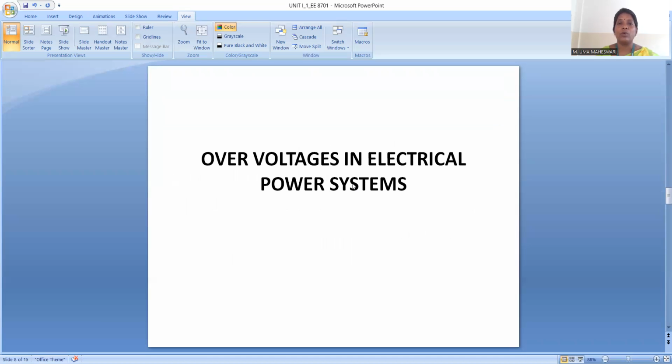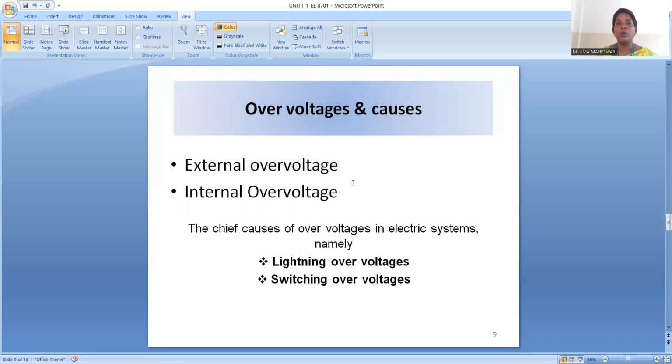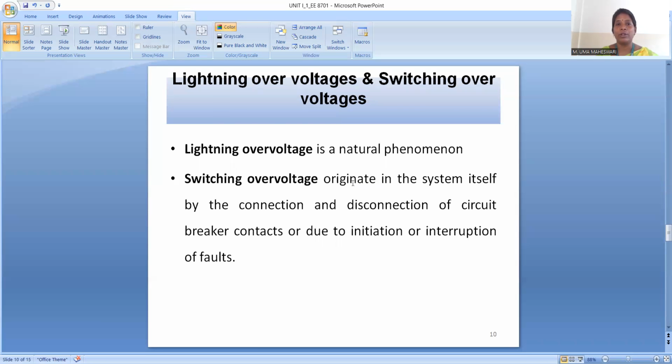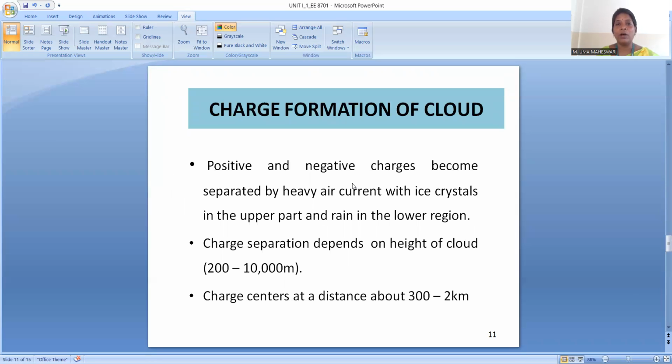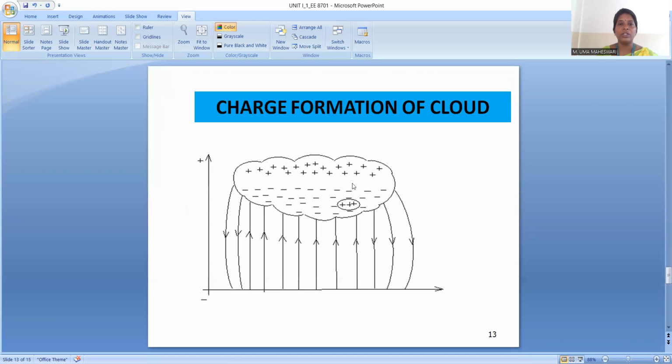So we have gone through what the over voltage in an electrical power system is and how to overcome it. Now we'll see how charge formation takes place in the cloud and the mechanism of cloud formation. This is the cloud diagram. In an active thunder cloud, the large particles possess positive charges and the smallest particles possess negative charges.